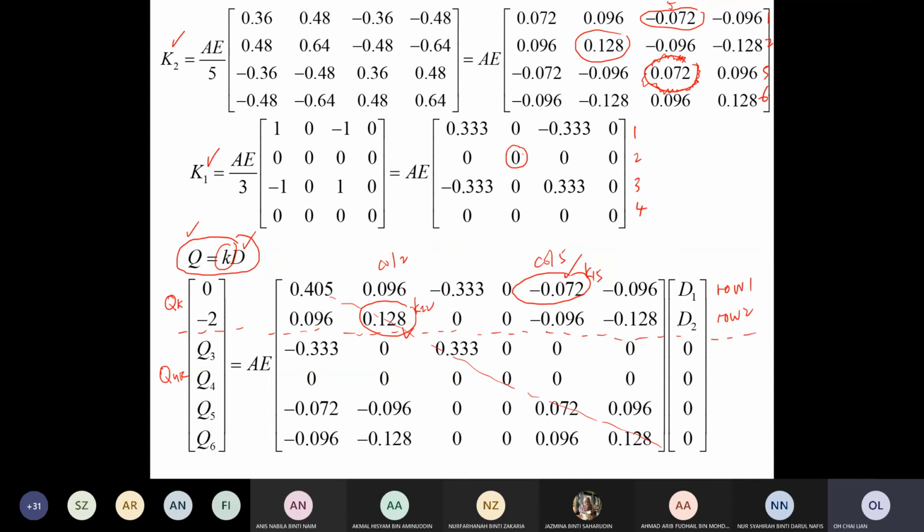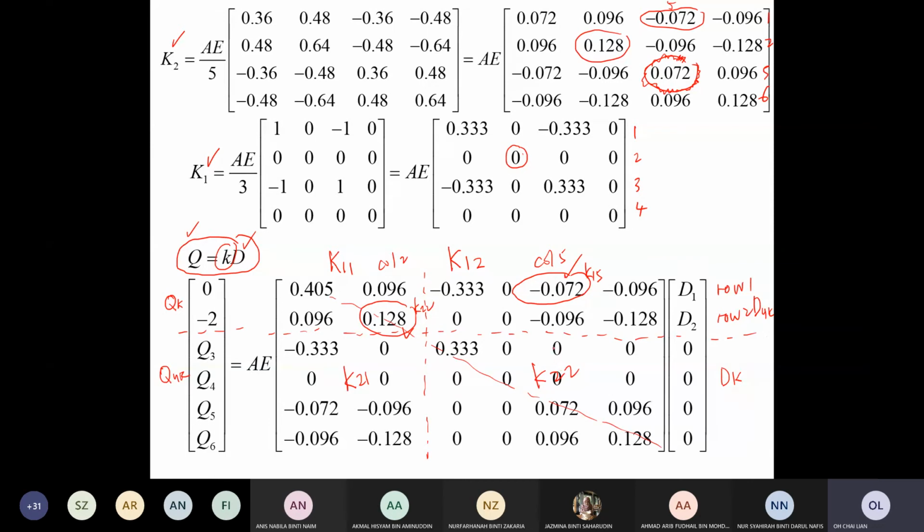If there are 2 rows only, here I will also stop at 2. So this is my partition where I have this D unknown and this is D known. And I have this K, I consider K11, K12, K21, K22.